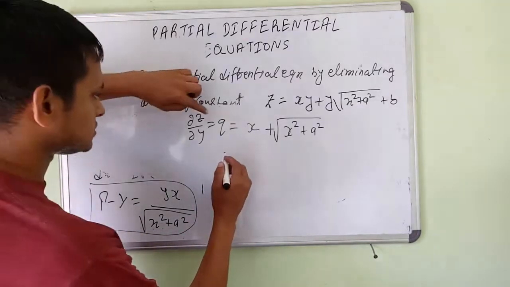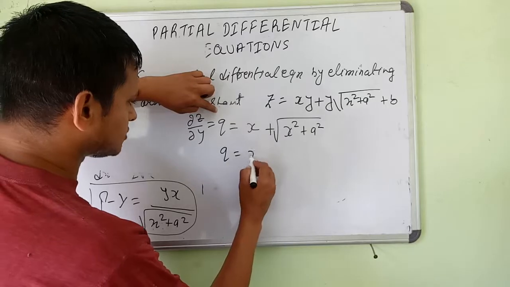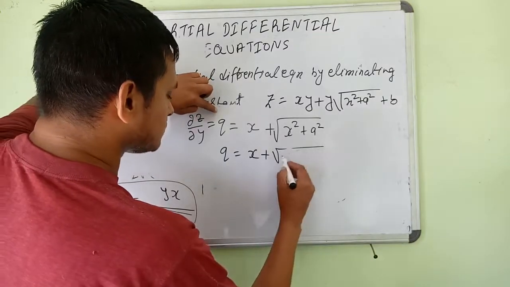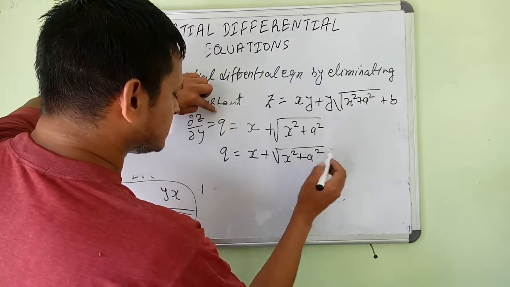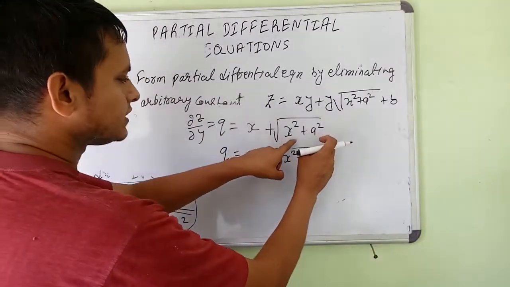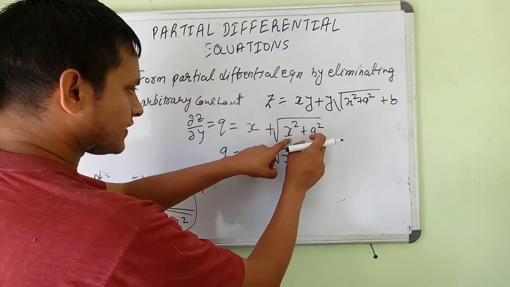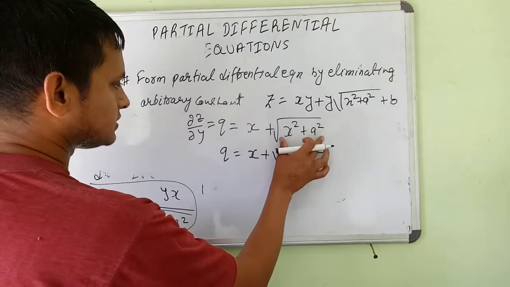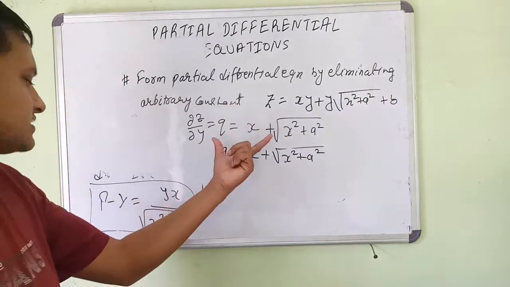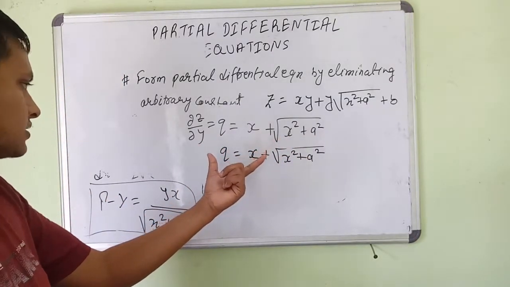Because this is q = x + √(x² + a²), we will get the value of √(x² + a²) from this, which is q − x.